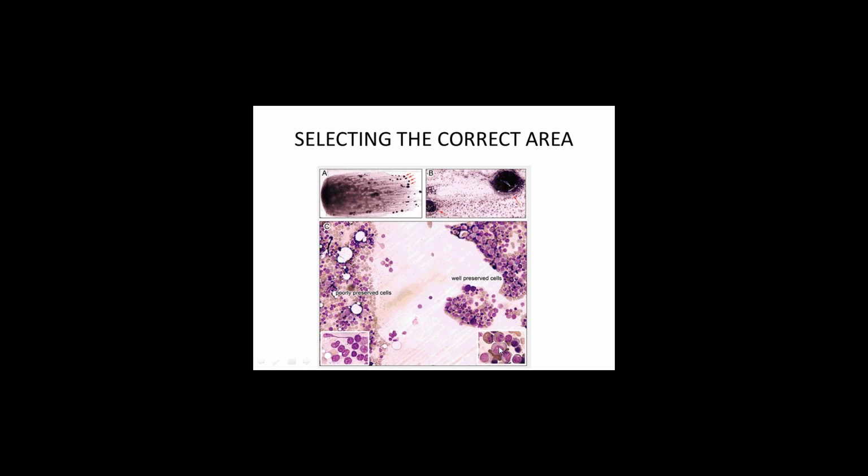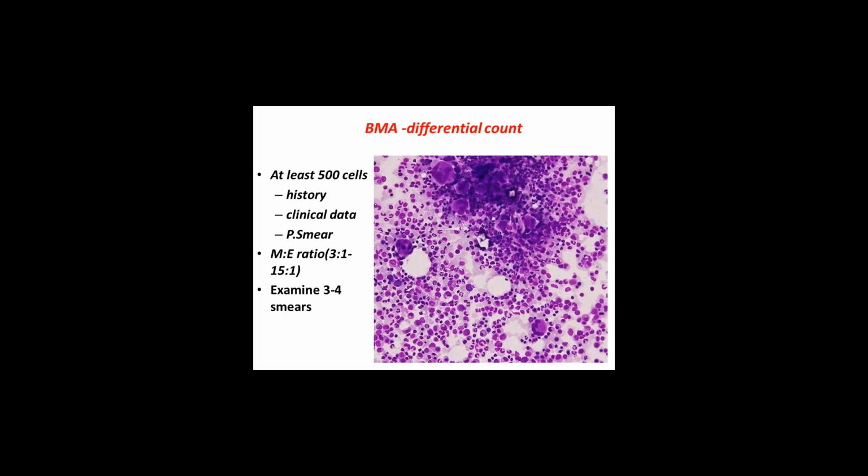Whereas this one has a lot of cytoplasm, and so identification of cells would be easier in such areas. So we have to use a well-preserved area, with well-preserved cells, for our differential count, and it should always contain a differential of 500 cells.